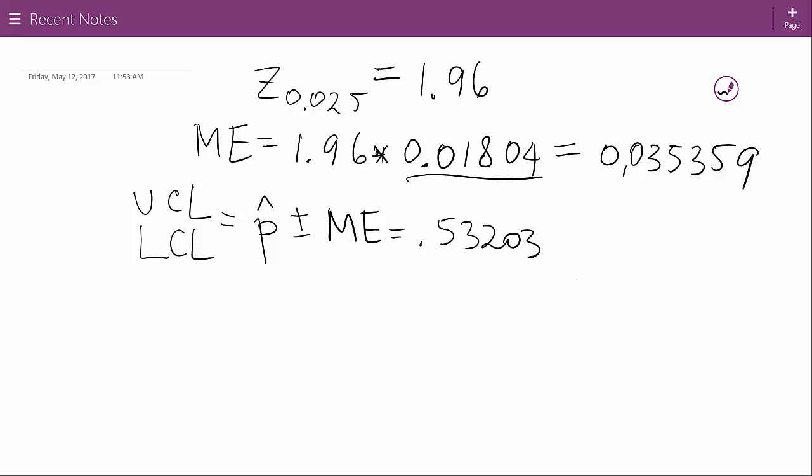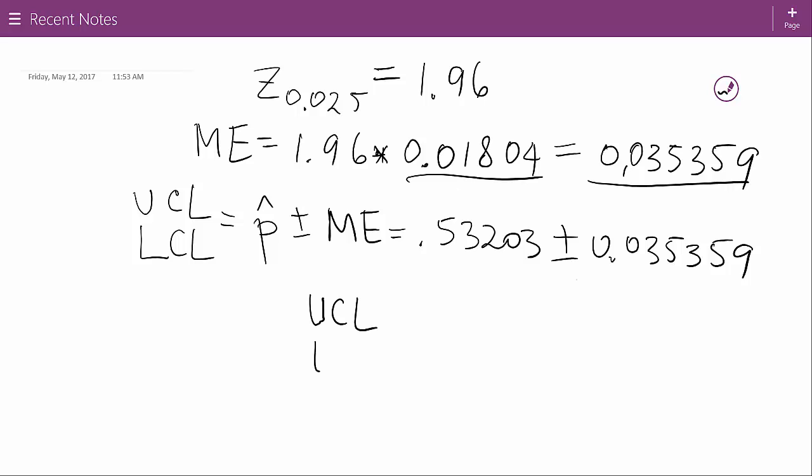That was my estimate from the sample, what percentage of voters will pick the Republican candidate. And I have to go up or down this margin of error, 0.035359, okay? So let's compute the upper confidence limit and lower confidence limit in Excel.